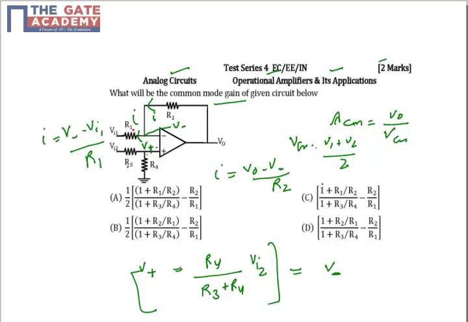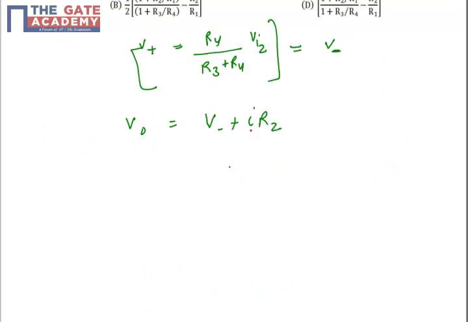Putting the value of I here, it will be V0 equals V minus plus R2 times (V minus minus VI1) by R1.